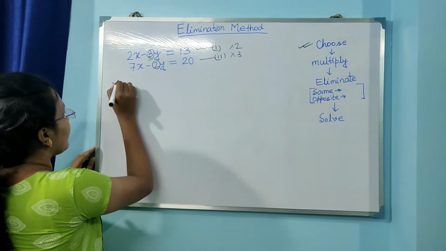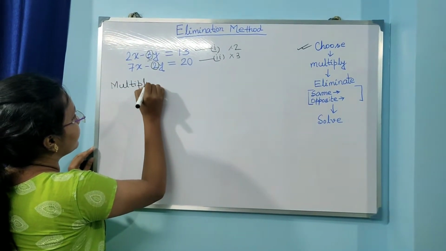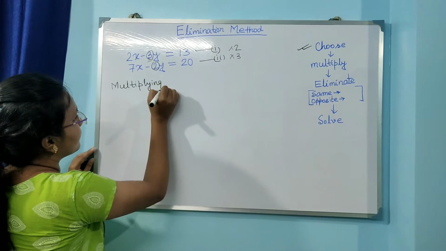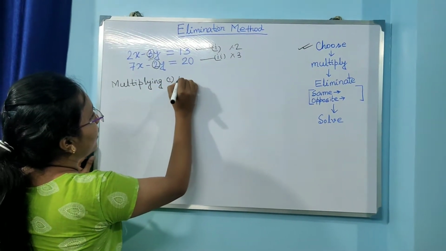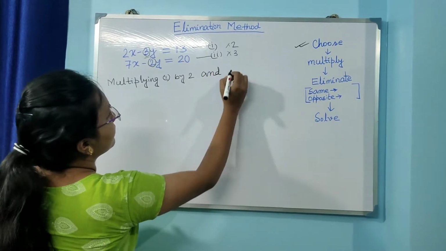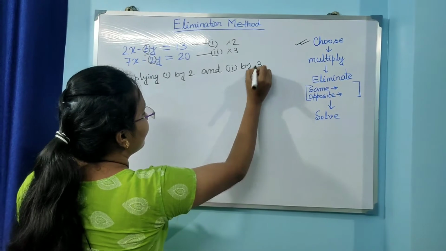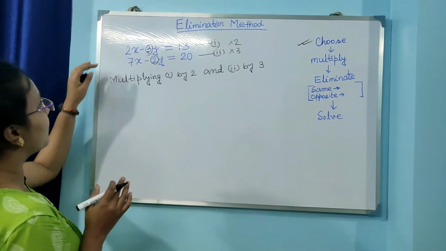So multiplying 1 by 2 and 2 by 3. Now write here what you will get.